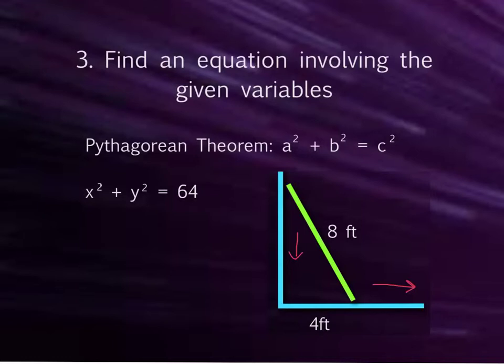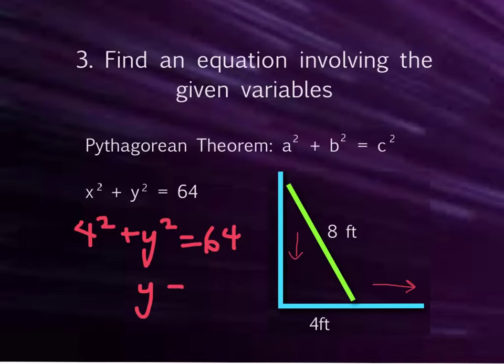To find out what y equals when x is 4, simply plug in 4 for x. 4 squared plus y squared equals 64. The final answer is that y equals the square root of 48 at the time when x equals 4.